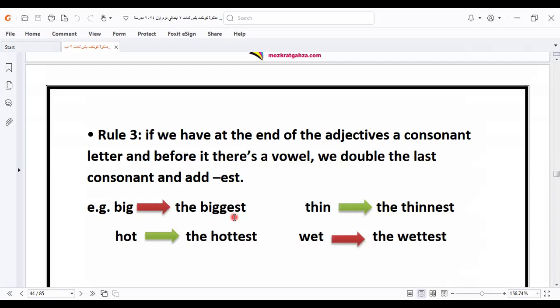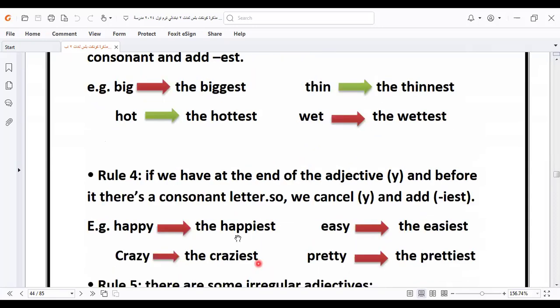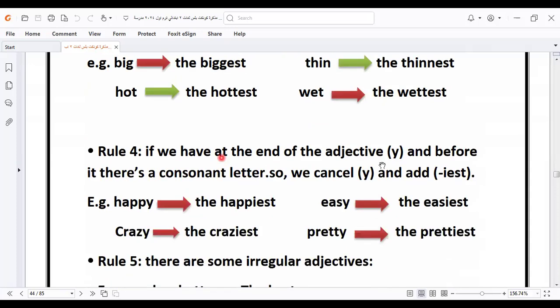In comparative form we add er, and here we add est to the adjective like this: the biggest, the thinnest, the wettest, the hottest. Rule four. If we have y at the end of the adjective, we add iest, like this: the easiest, the prettiest, the happiest, the busiest.